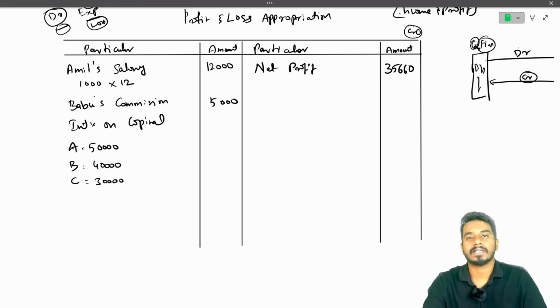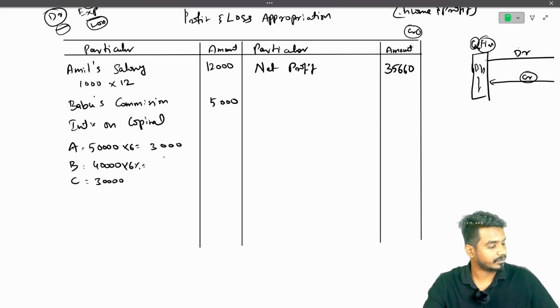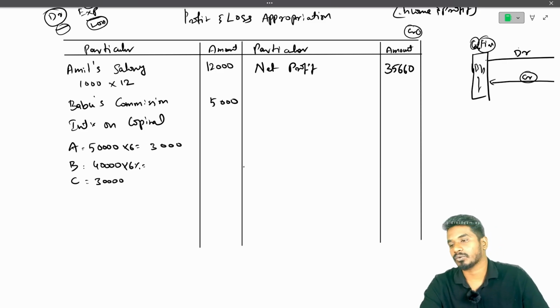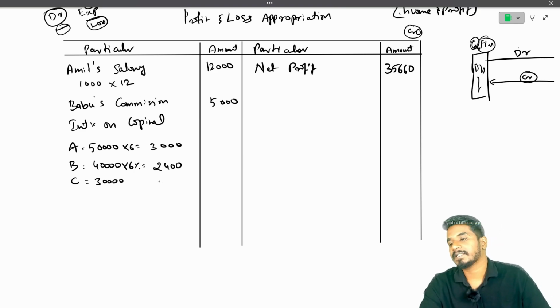Now we need to calculate the interest, that is into 6%, 3,000 for Amit, and 40,000 into 6 percentage, that is 2,400, right? And Charu's interest is 30,000 into 6 percentage, which is 1,800 rupees.